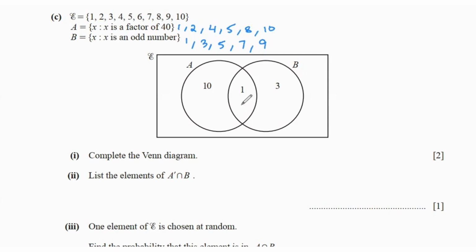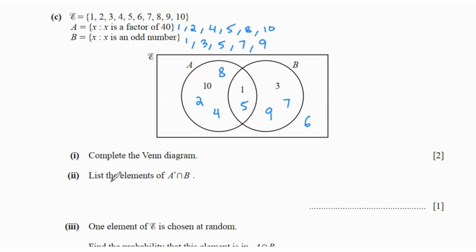That shows that 5 is going to come in the middle along with 1. For the factors of 40, we have 2, 4, 8. And for odd numbers, we'll have 3, 7, and 9. So outside it's going to be 6, and that is it.